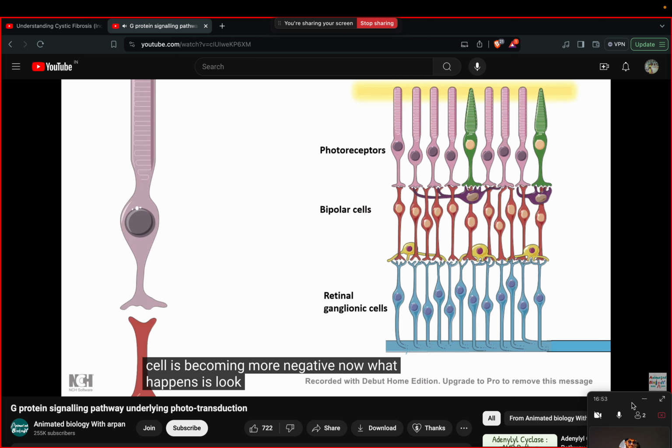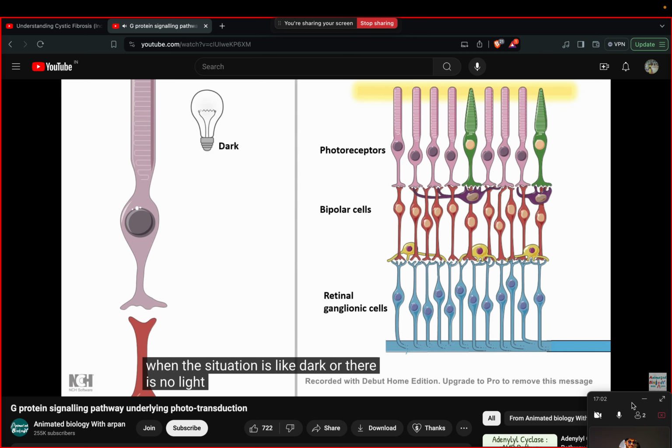Now what happens is, look at this synapse between a bipolar cell and a photoreceptor cell. When the situation is like dark or there is no light, there is a lot of neurotransmitter release, especially glutamate release, in this terminal, and the neuron is constitutively active. It's a depolarized state of these photoreceptor neurons.